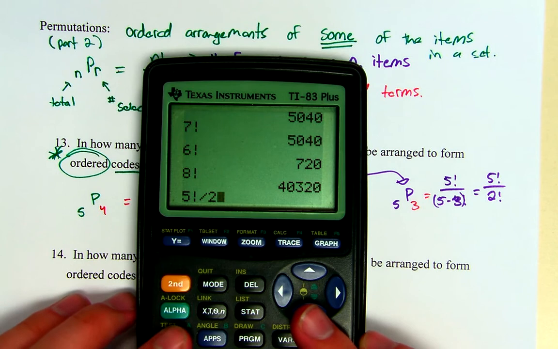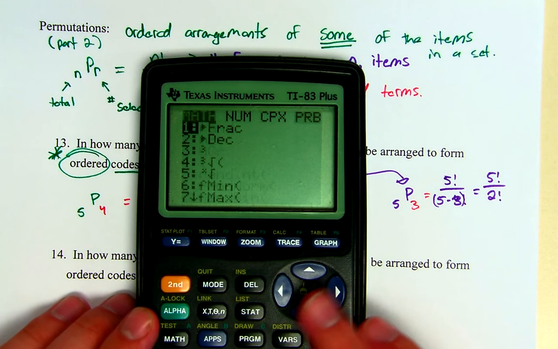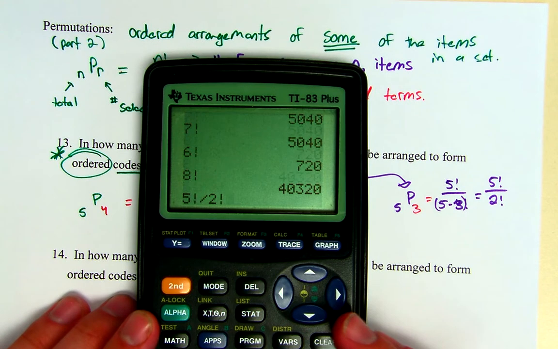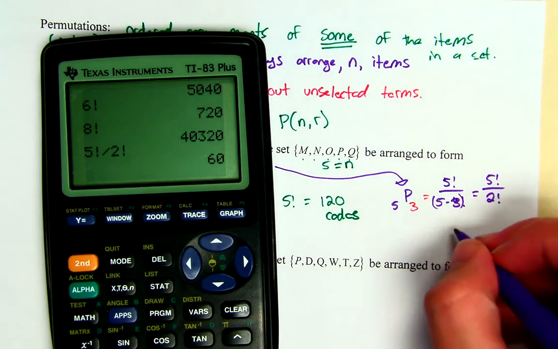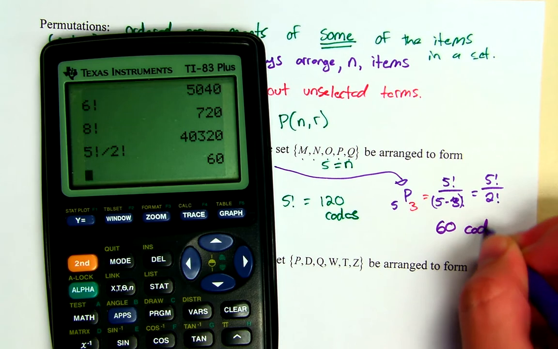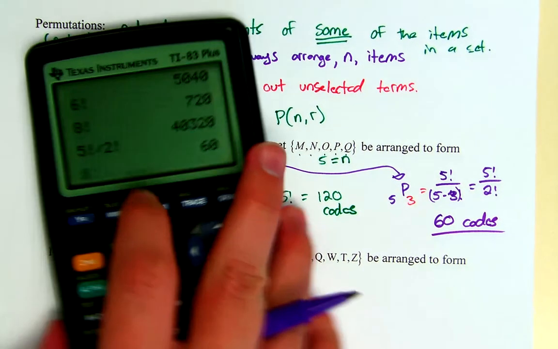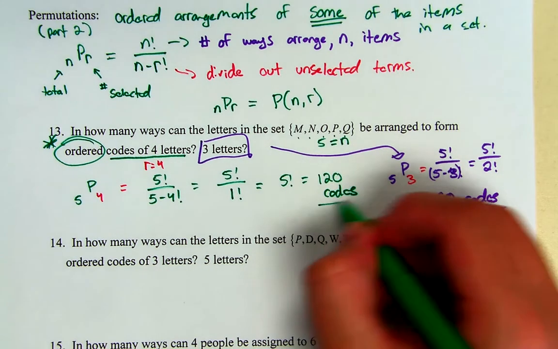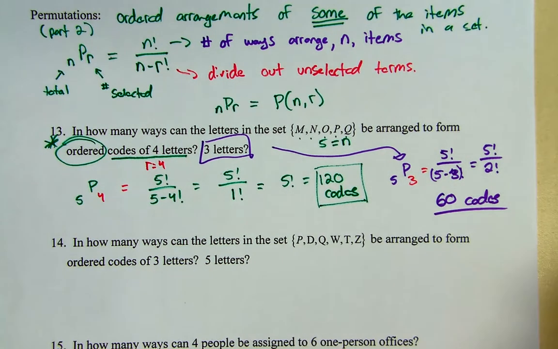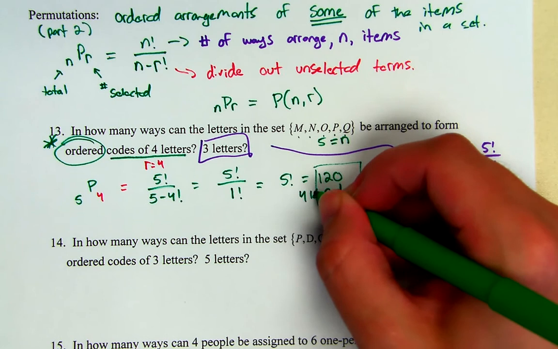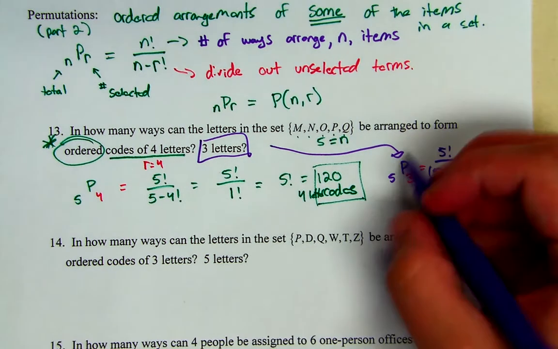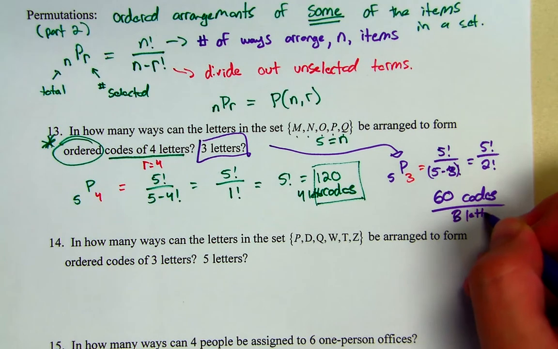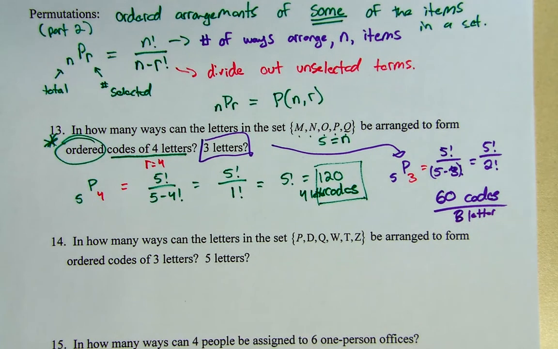Really, I'm just dividing it by 2, but I'm going to put a factorial in there because you should get used to doing that. Alright, I get 60 different ways, so 60 codes of 3 letters, and I've got 120 codes of 4 letters.